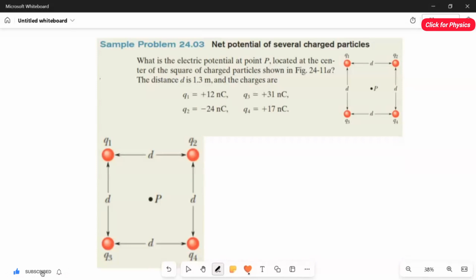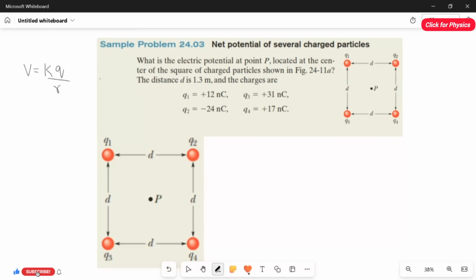As we know, the potential calculation is given by the rule V equals K Q over R. So the R is very important for this question because K is a constant and Q is mentioned here. So I have to apply this rule for all these charges, but the most important thing is finding the value of R.